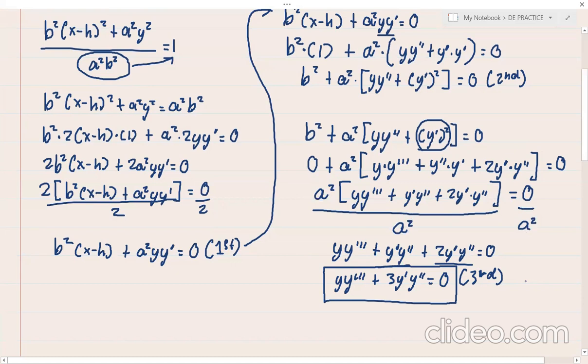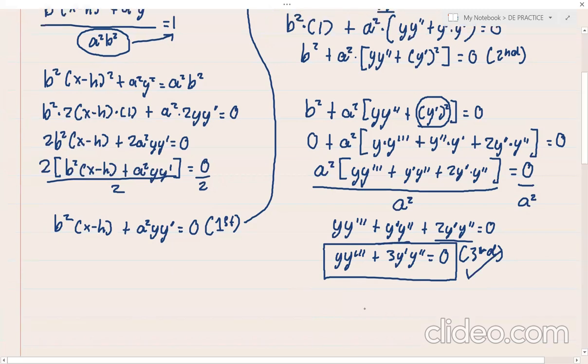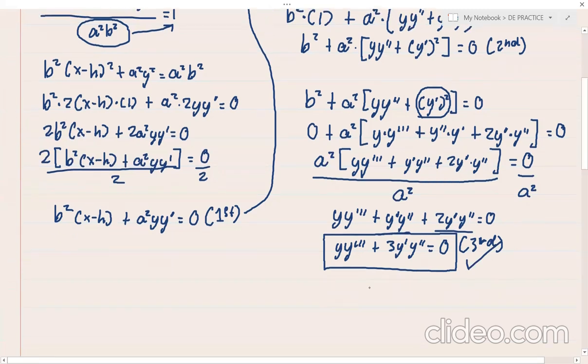It means okay na to. Okay? Your answer is this one. Finish. Okay? Since there's no arbitrary constant left kasi na-simplify mo na, therefore, your final answer is y times y third prime plus 3 times y prime times y second prime is equal to 0. Yan na yung magiging final answer mo.